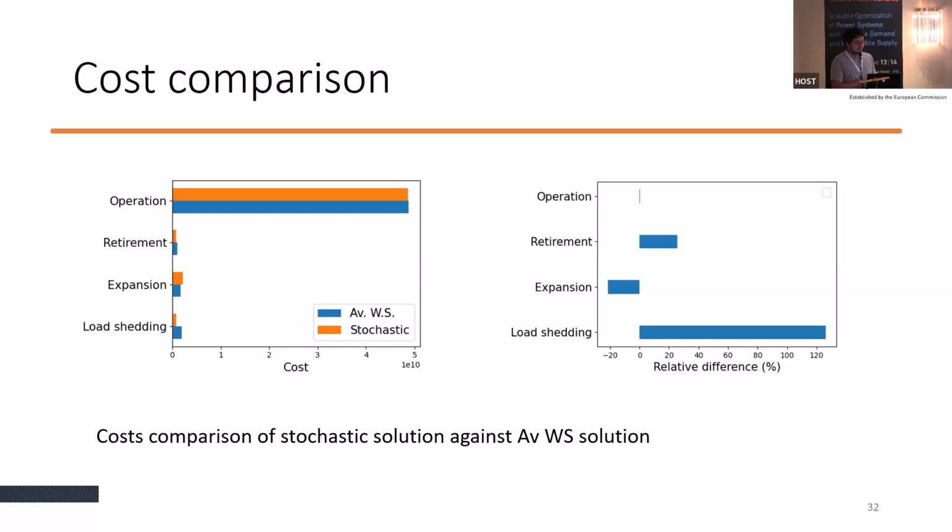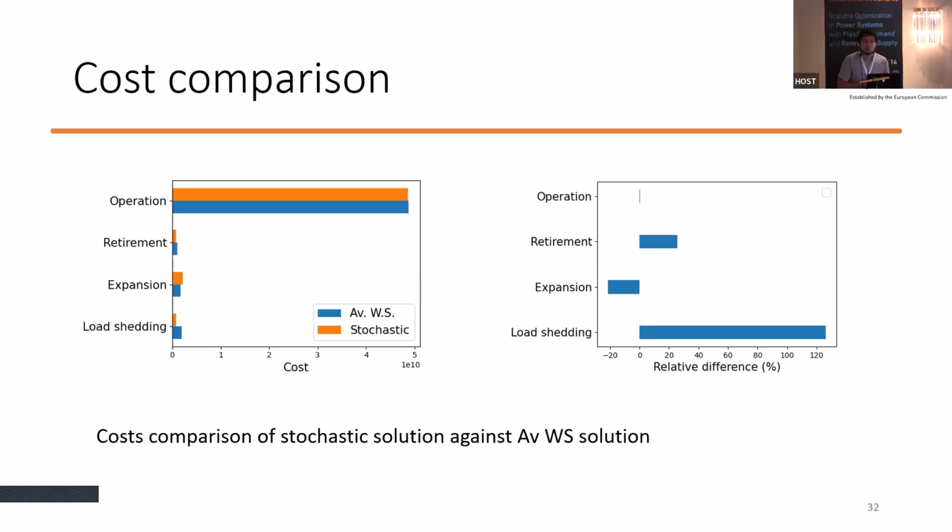On the figure on the left, you see the absolute differences between these two solutions. In blue, you see the average wait-and-see solution. In orange, you see the stochastic solution. In terms of operational costs, they are essentially the same. There is not much of a difference there. Where we do observe a difference is in the retirement, expansion, and load shedding.